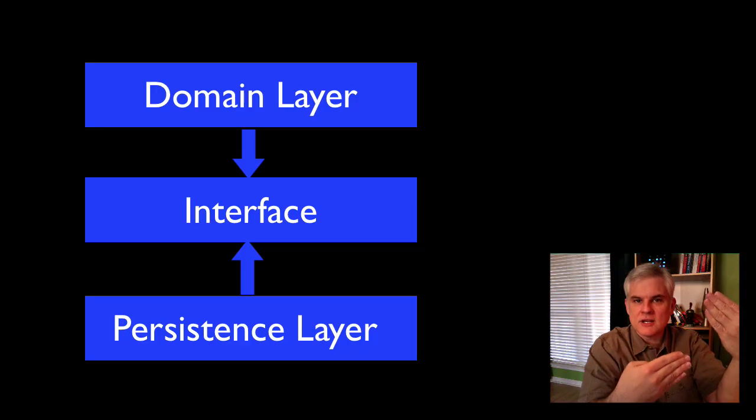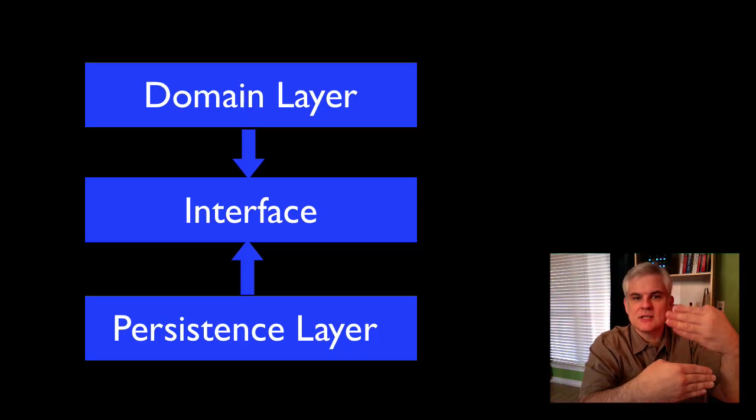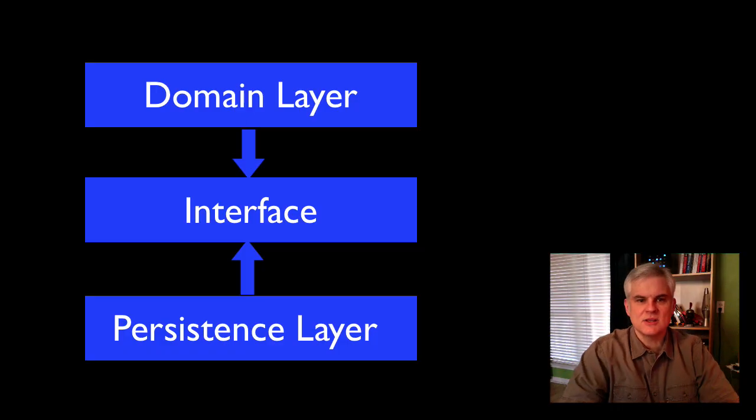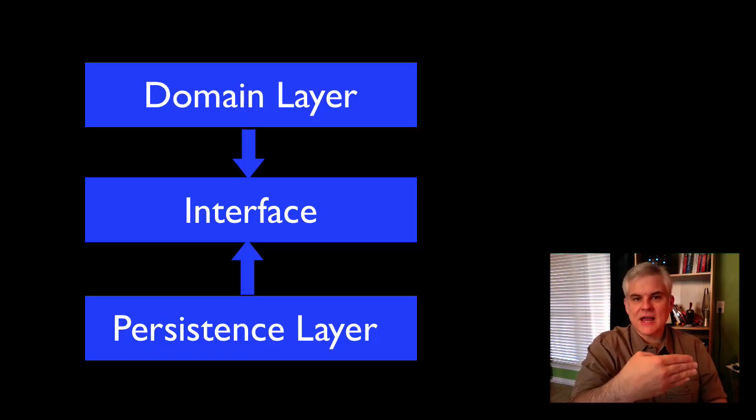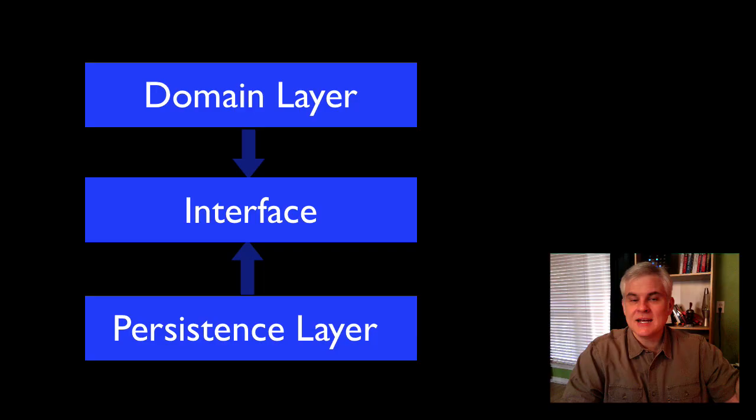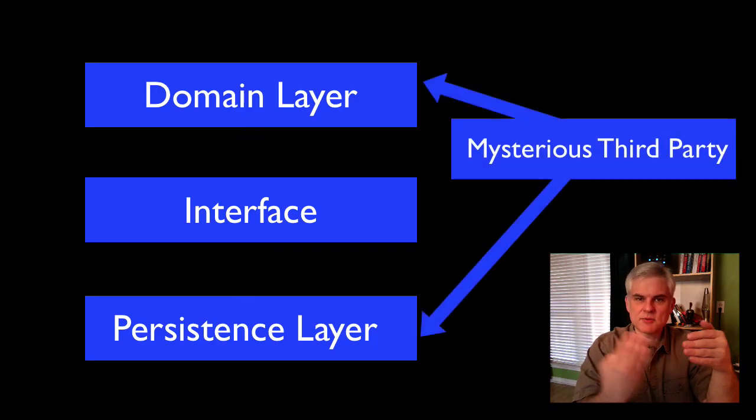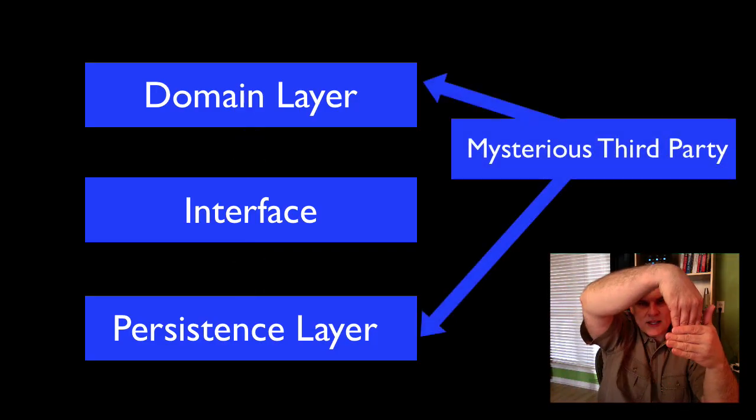Now we've broken that dependency. It merely depends on an abstraction, the C# interface that sits in between the two. The persistence layer now depends, or rather it implements the abstraction, the C# interface. So at runtime, some third party can inject an instance of the persistence layer into the domain layer dynamically.